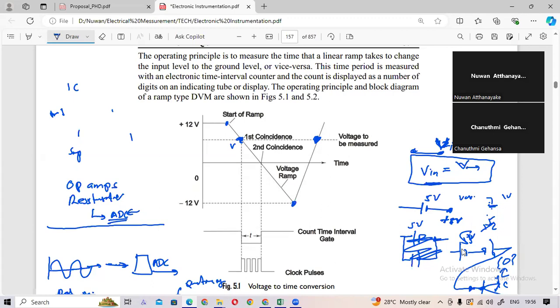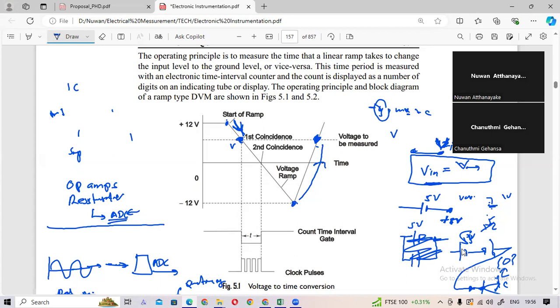That means this time and this time, you can count using a counter, from here to here and from here to here. If you know this function, that is y equals mx plus c, and you know the time, then using this function you can calculate the voltage value here very easily.